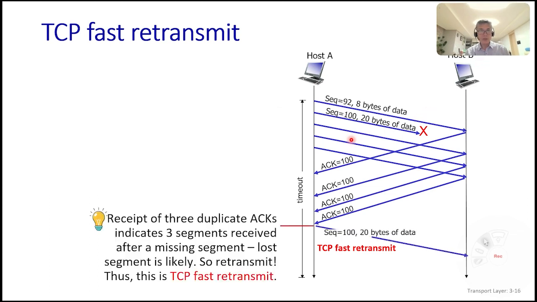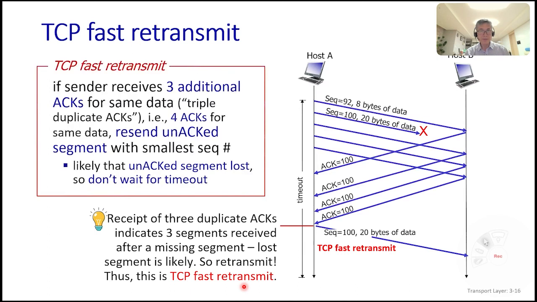So this is a fast retransmit. Receipt of three duplicate ACKs indicates that three segments were received after a missing segment. The lost segment is likely, so retransmit. Thus, this is fast retransmit.